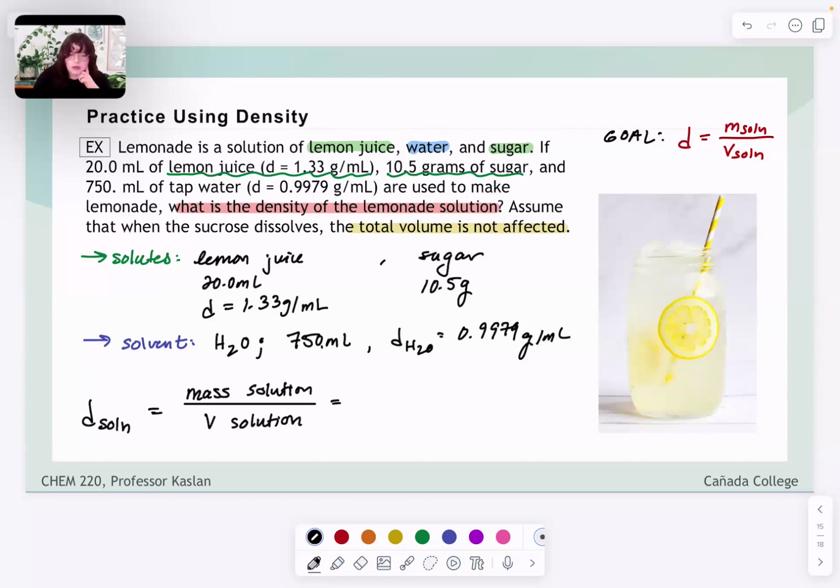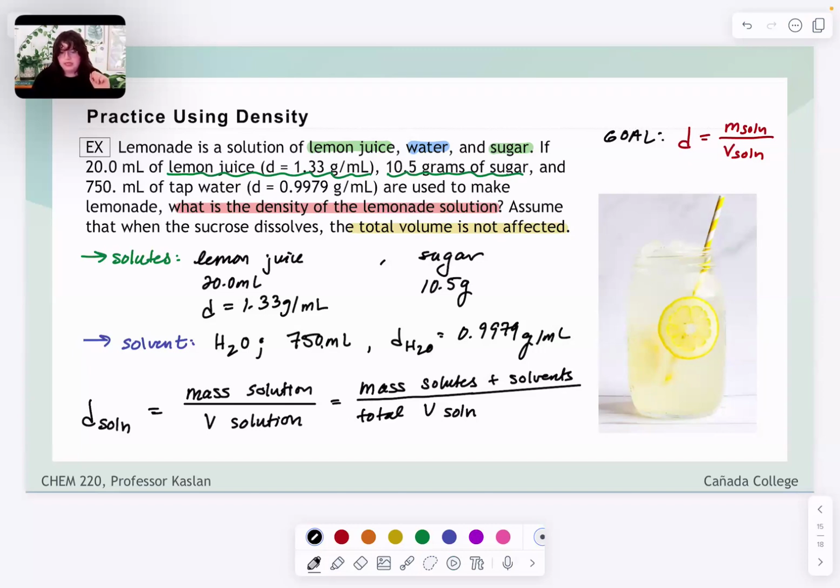And we know that the mass of solution is going to be the mass of all of its components, right? Mass of solutes over the total volume solution. And I forgot my solvents in my numerator. So mass of solutes and solvents together over the total volume of solution.